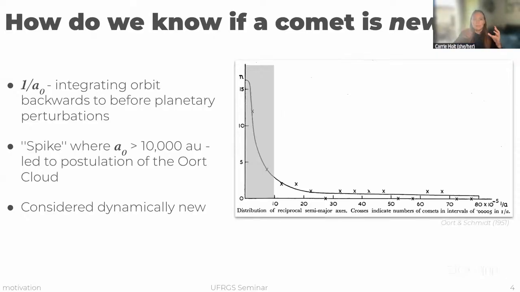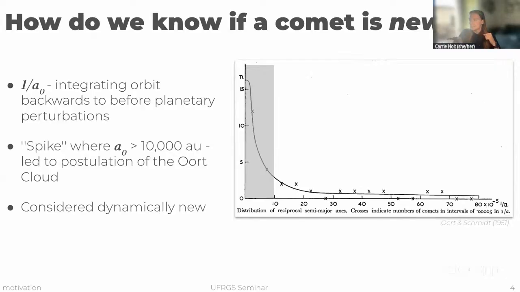When this is done for a large sample of comets, you can see a spike in the distribution at very large semi-major axes, when the semi-major axis is greater than 10,000 AU. This spike is what led to the postulation of the Oort cloud in the first place.